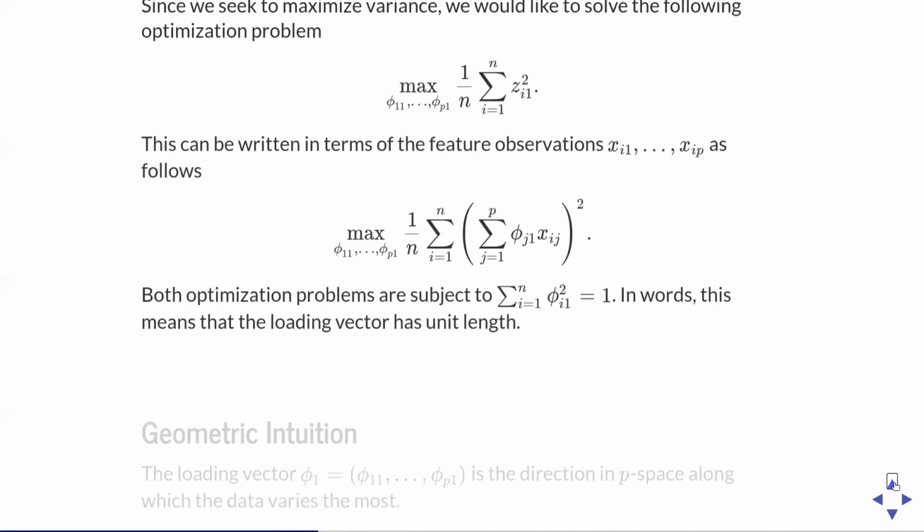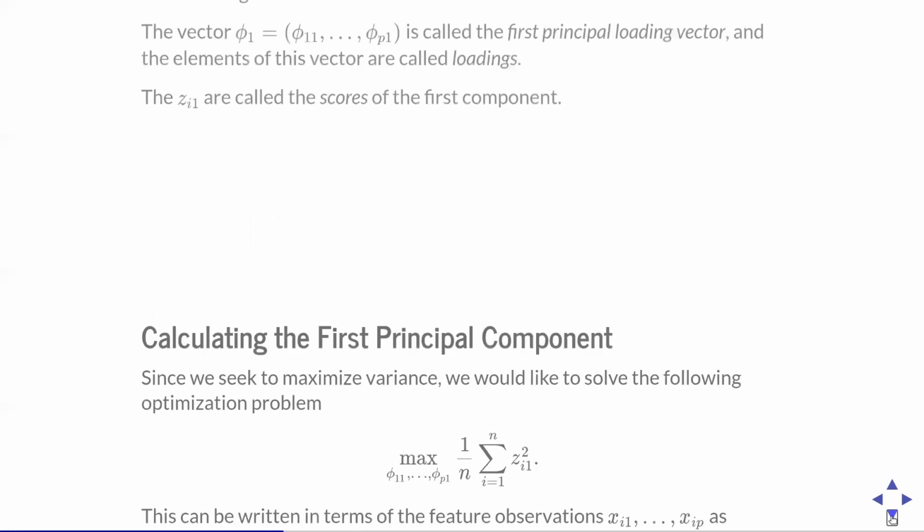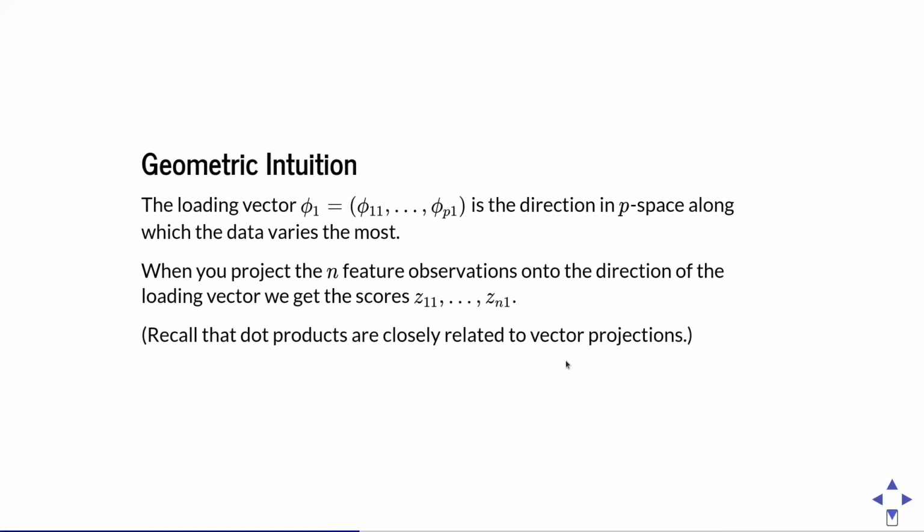Notice here that all we're doing is taking dot products of the feature observations with phi 1. And dot products are closely related to vector projections.